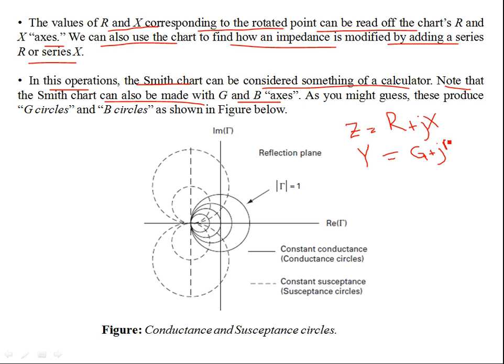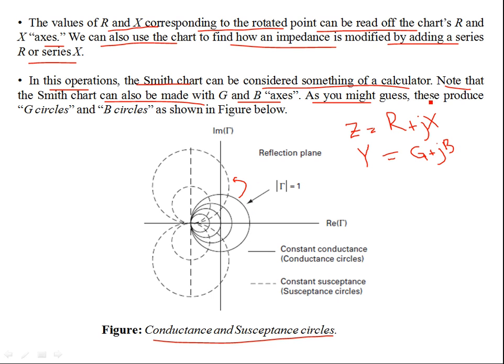So that's your admittance. Then you have to look at the conductance and susceptance circles. There is a phase shift again of 90 degrees from here. You need to look at the constant conductance circles and constant susceptance circles.